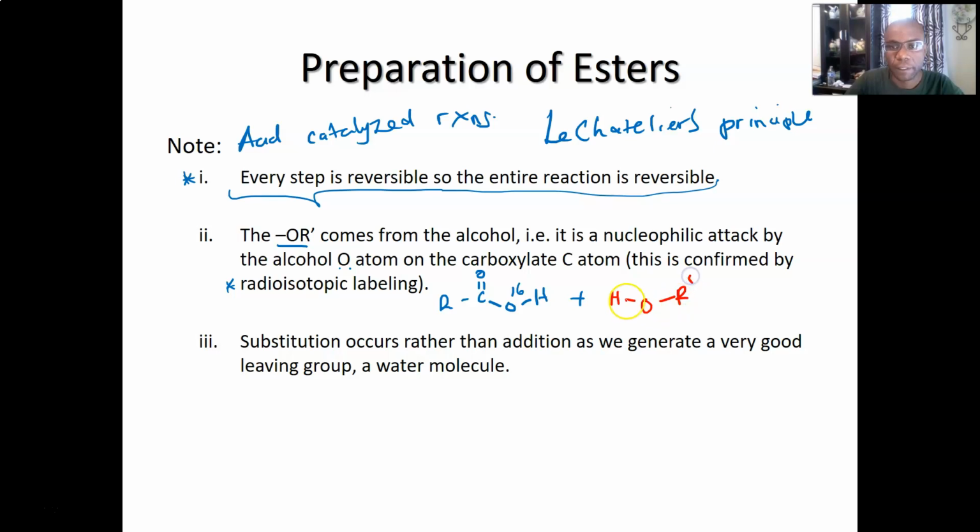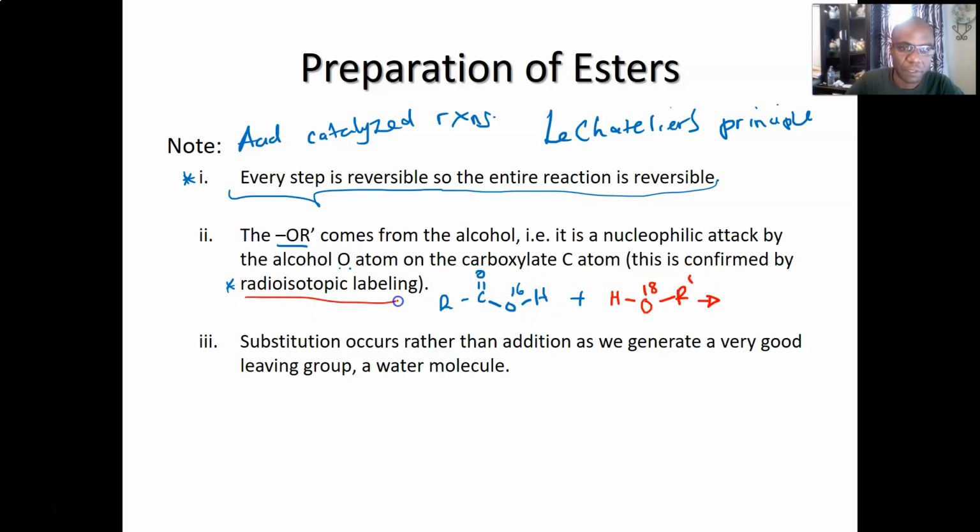So, okay. Let's say our alcohol is oxygen 18, an isotope of oxygen 16. Using an instrument called mass spec, we can determine whether this oxygen was put there and the oxygen 16 fell off, or oxygen 16 was kept and oxygen 18 fell off.